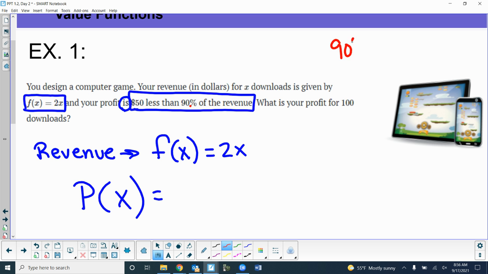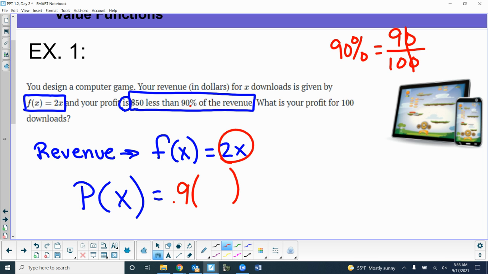Percent is out of 100. That's 9/10, like Nolan said, which has a decimal. Usually in equations we put it in as a decimal, but you can put 9/10 if you want. So 0.9 of the revenue.